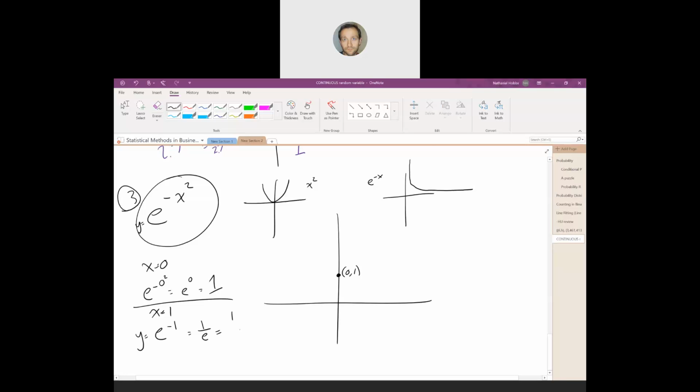So it's 1 over 2.718. Don't worry about the area yet; we'll get to the area. That's the very last thing. Right now, we're not concerned about that. So where should I draw this point? When x equals 1, y equals 1 over e.